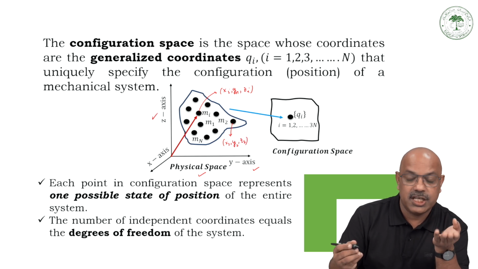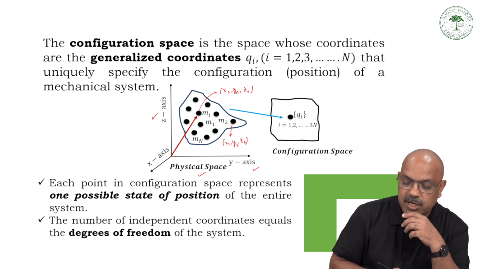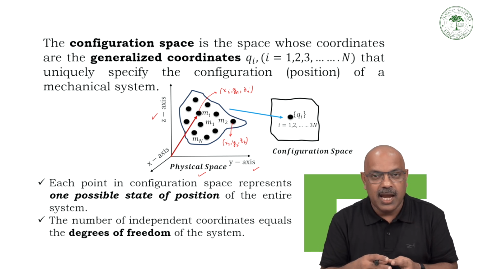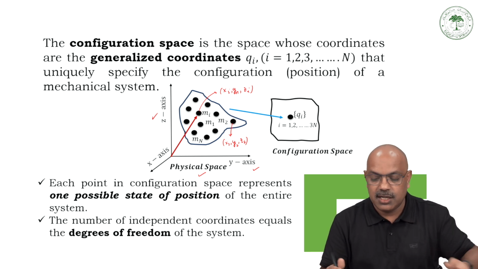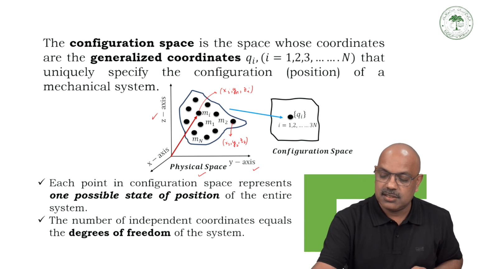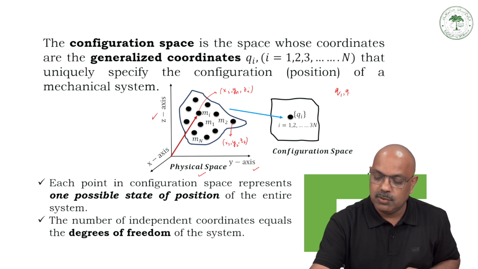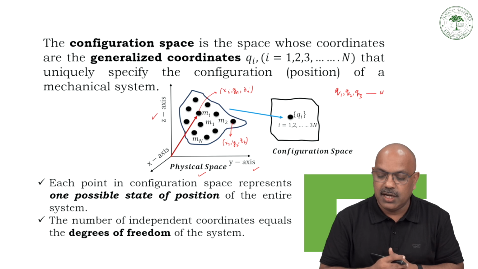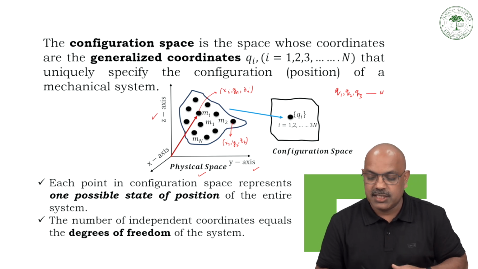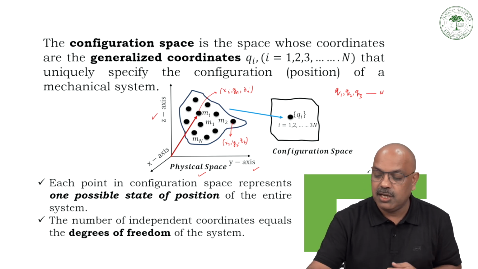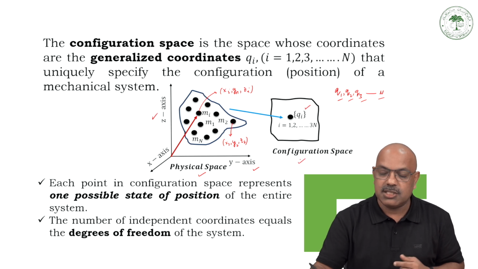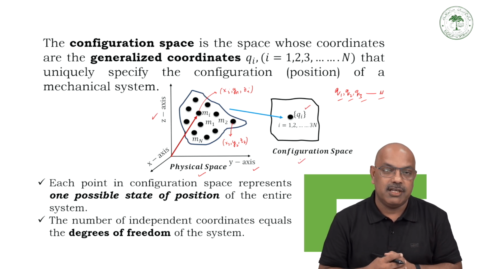This is in coordinate space, the physical space. The moment you restrict this system and define the generalized coordinates q1, q2, q3, and whatever the number of generalized coordinates, you move to a different space in which you treat the system in terms of the coordinates q1, q2, and q3, and that space is known as the configuration space.